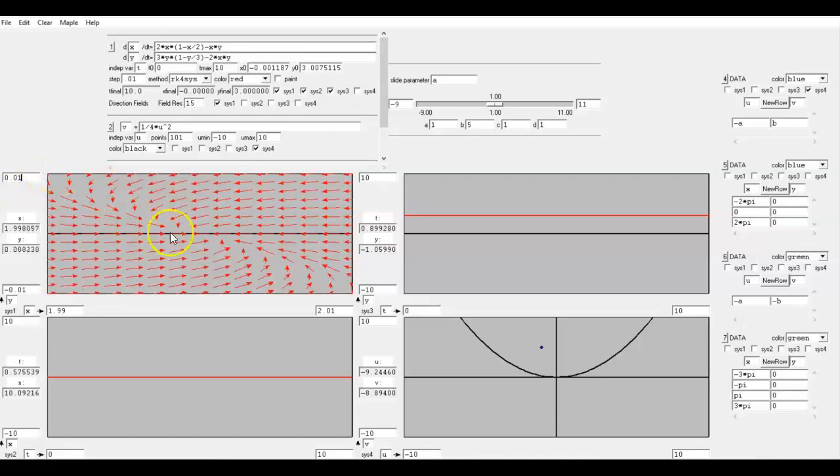And boy, oh boy, it looks like this also seems to act like a sink. And in fact, if we start to look at these different trajectories, we see that all of the solutions seem to curve into the point (2, 0), the ones that are at least local to it.